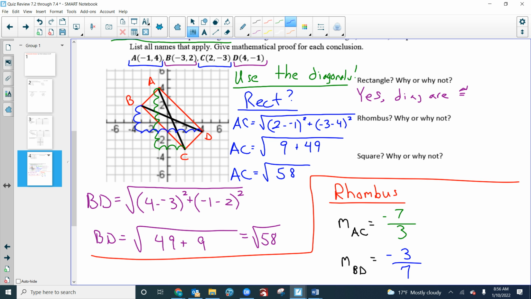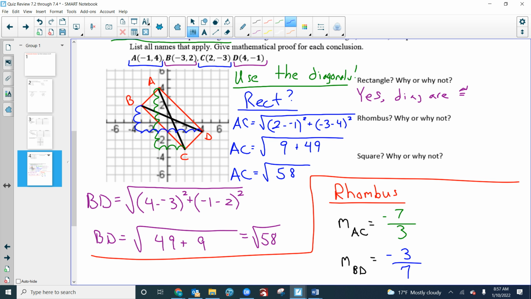What does reciprocal mean? You guys should know that word. They're switched. Are they opposite reciprocals? No. What does the word opposite mean? One's positive, one's negative. They're not opposites. Do you agree? But are they reciprocals? Yes.